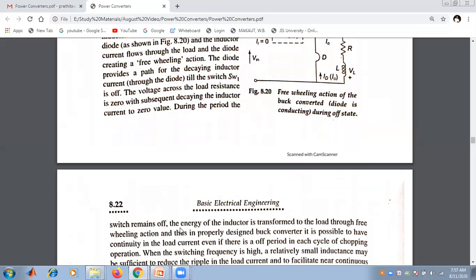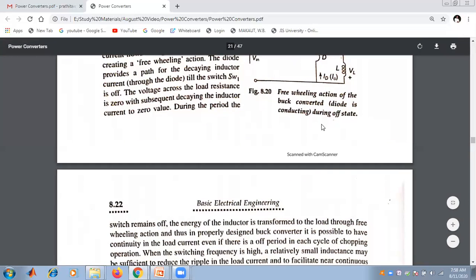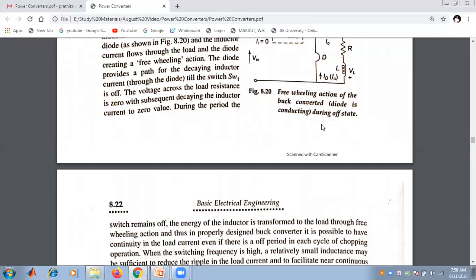While the switch remains open, the energy of the inductor is transferred to the load through freewheeling action. At the instant that the current goes to zero, the voltage across the load resistance is zero.